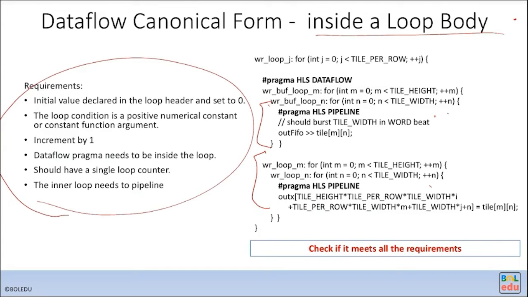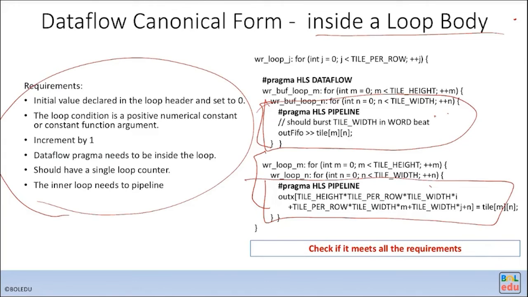First, this loop and this loop, the inner loop, must be a very simple loop. Simple loop means it has to have a constant bound, and also the index increments by one.